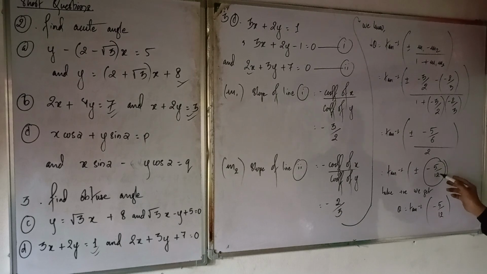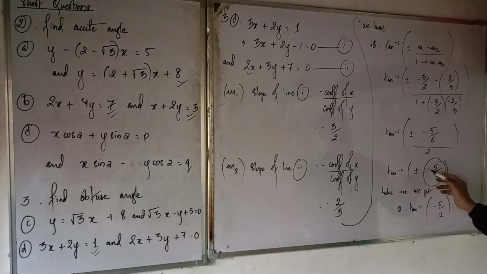Depending on the inner content and on which angle we have to find, obtuse or acute, you should take positive or negative. We have been asked to find the obtuse angle, and the inner content is negative.